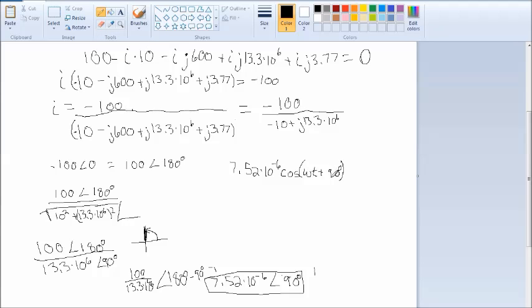So we're essentially saying, remember our voltage didn't have a phase shift here. We're essentially saying that our current is 90 degrees out of phase with our voltage.